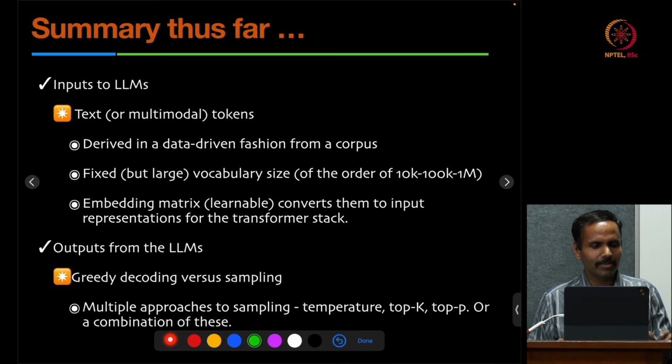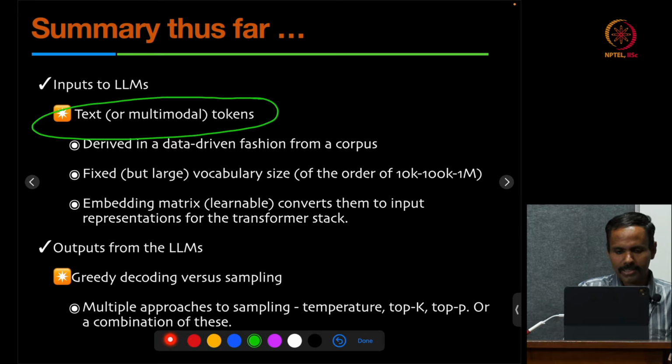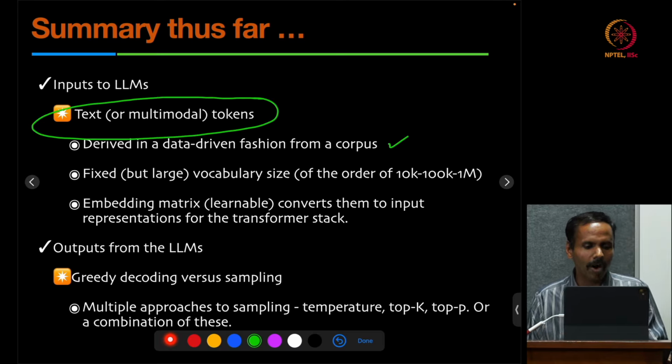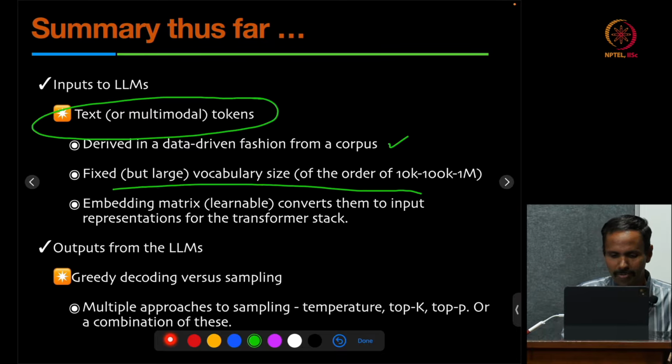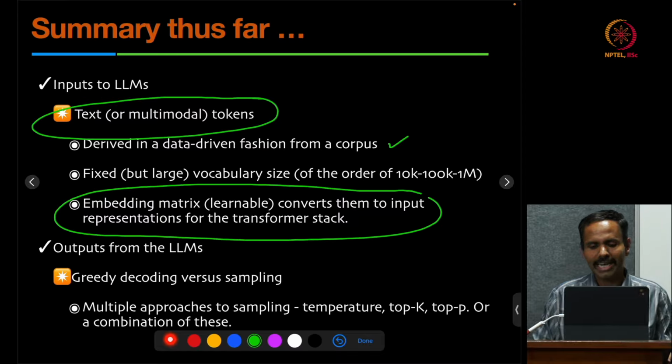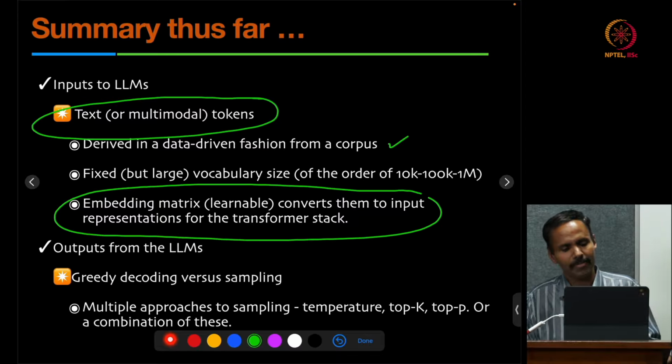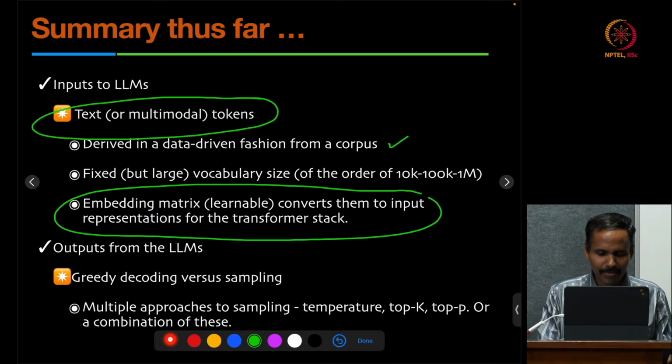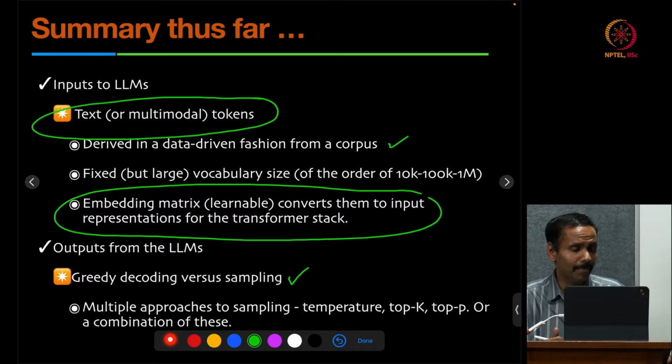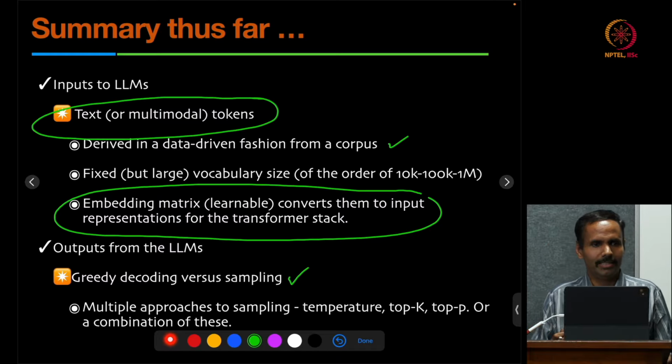What we took the last 45 minutes or so on is tokens, how you can derive them in a data-driven way, and how the model ingests these tokens as a fixed length vocabulary, with an embedding matrix that converts these tokens to real inputs to the transformer stack. We spent a little bit of time on the output side too, on sampling: temperature based sampling, top K, nucleus based sampling, or a combination of these.